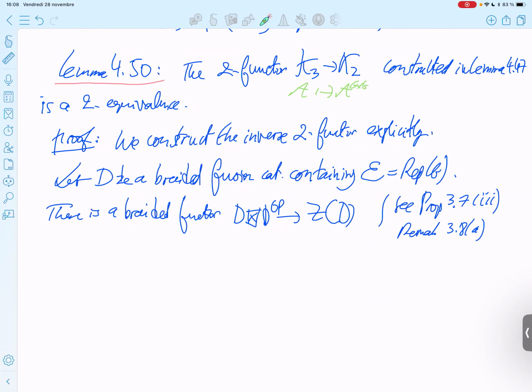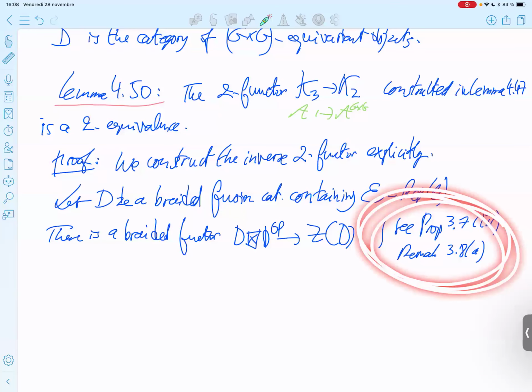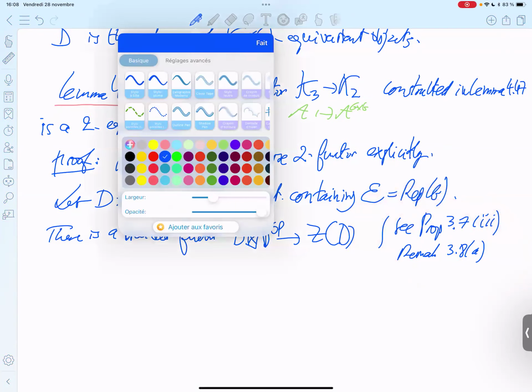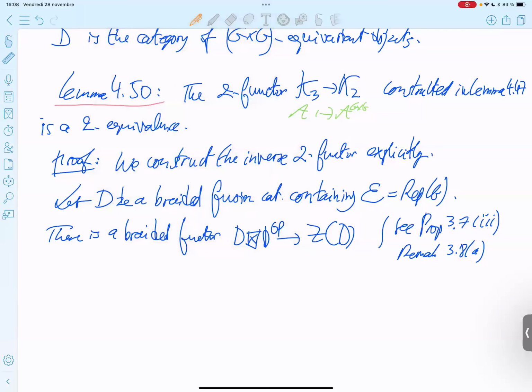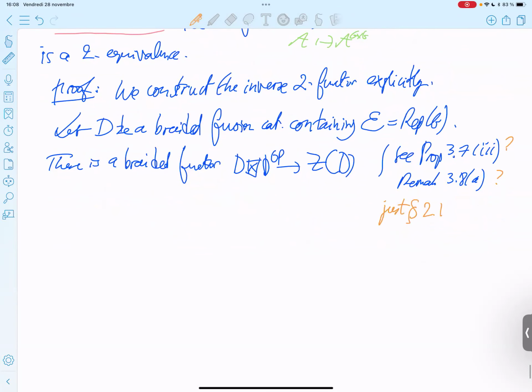It's not clear to me whether you really need to use that, because here D is not assumed to be non-degenerate. So let me put some question mark about the relevance of putting that here. Maybe just section 2.10 is enough.